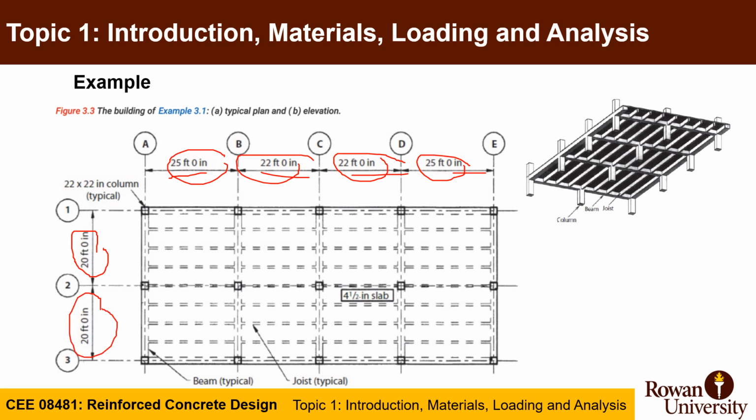Your beams run in the Y direction here, as you can see. Your slab is given with the load 84 PSF. And the beams are 22 by 20.5 inches, and the typical column is 22 by 22 inches.